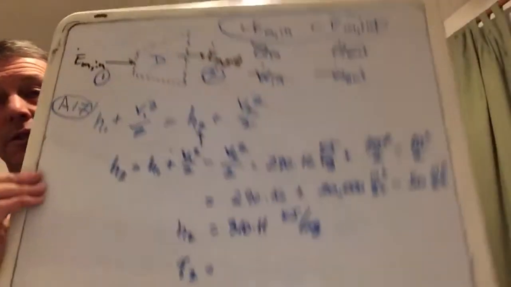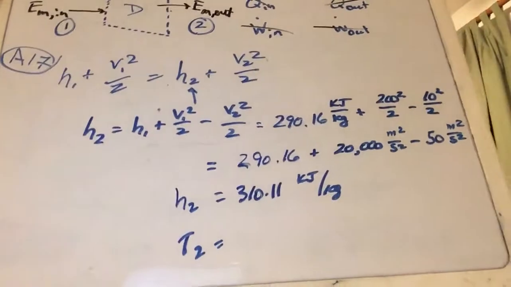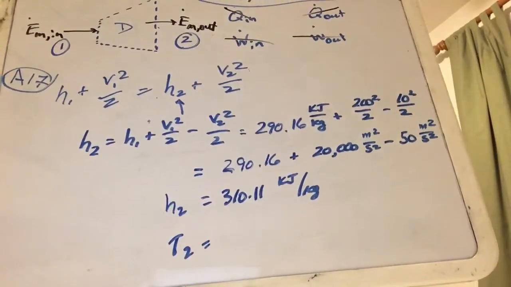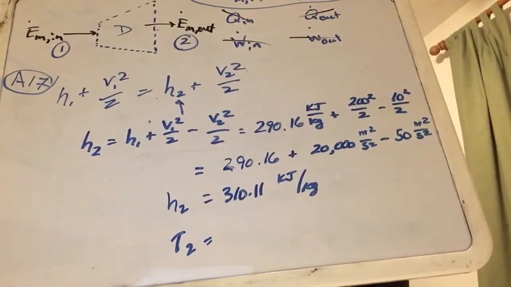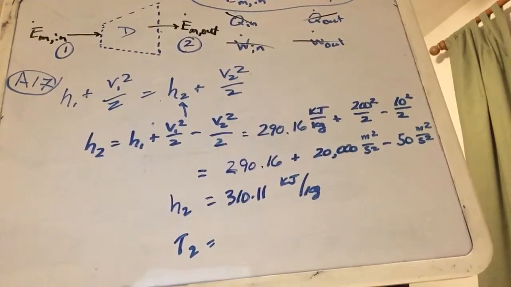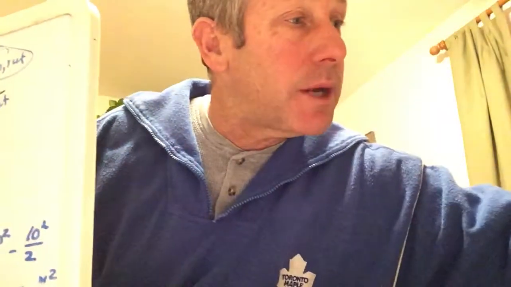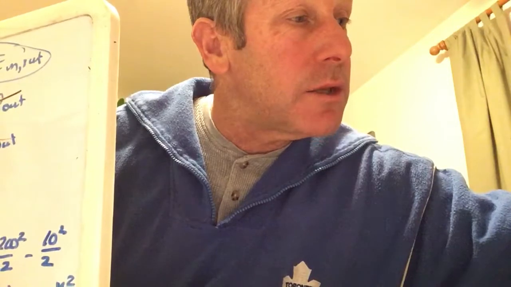Okay, so you get the enthalpy at the outlet is 310 kilojoules per kilogram, and then we can go to table A17 and just by eyeballing get an approximate T2, and of course if we needed to be precise we could interpolate. So I'm going to look really quickly at my table, and it looks like our temperature is around 310 Kelvin.